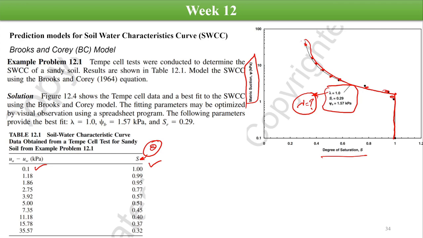Okay, so in this way, based on the laboratory data, we can fit these curves, and then based on the best fit curve, we obtain the value of lambda. Okay, and the psi b is already known, and the S r is already known.